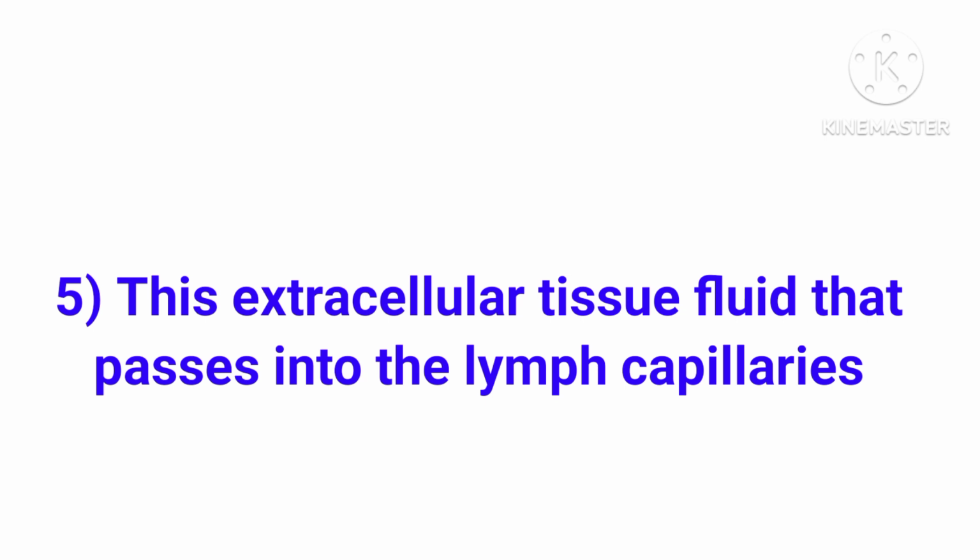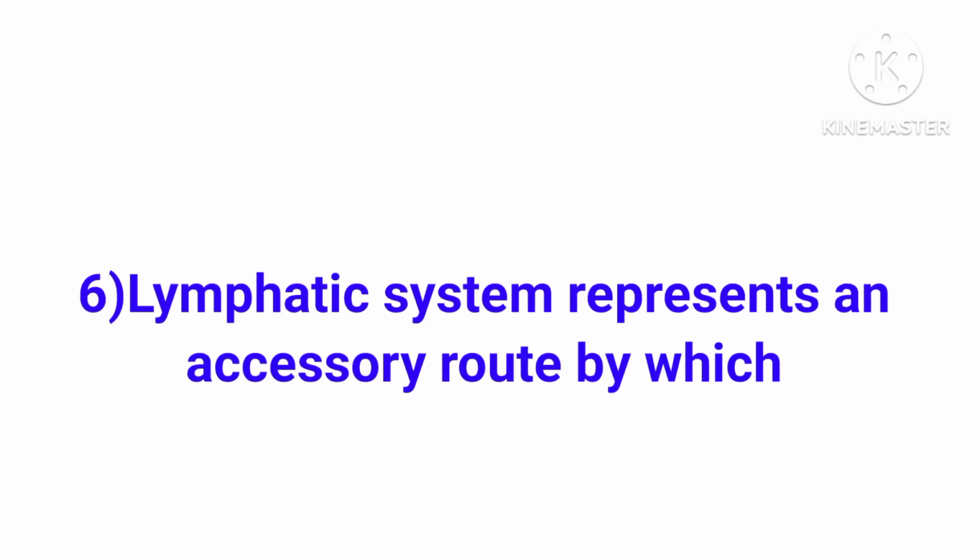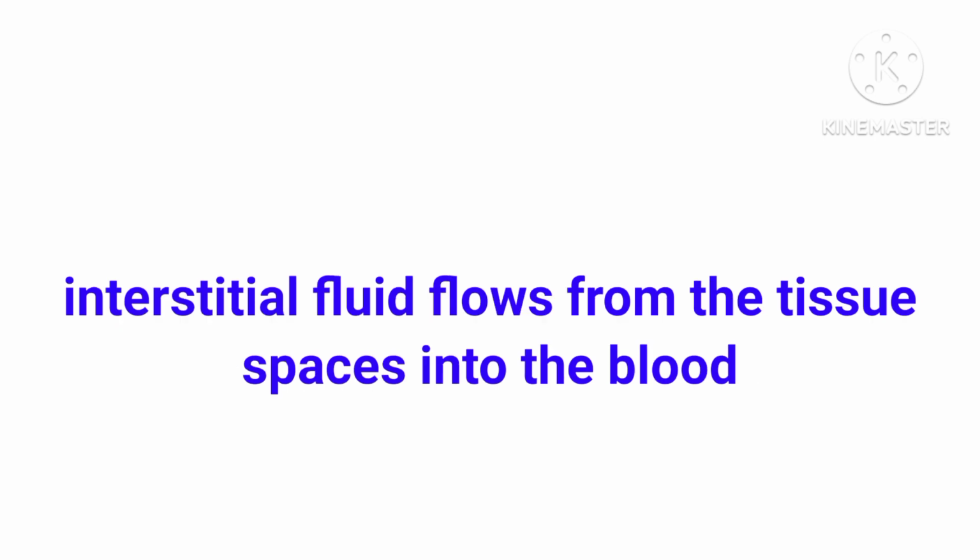This extracellular tissue fluid that passes into the lymph capillaries and lymph vessels is called lymph. Lymphatic system represents an accessory route by which interstitial fluid flows from tissue spaces into the blood.